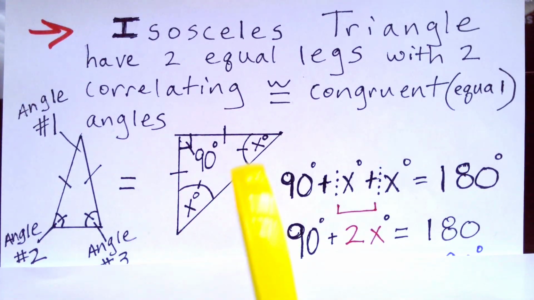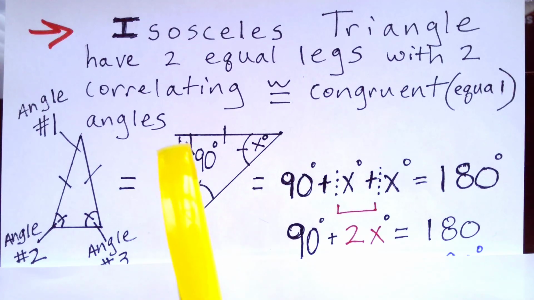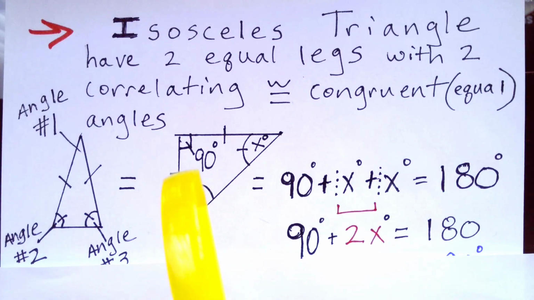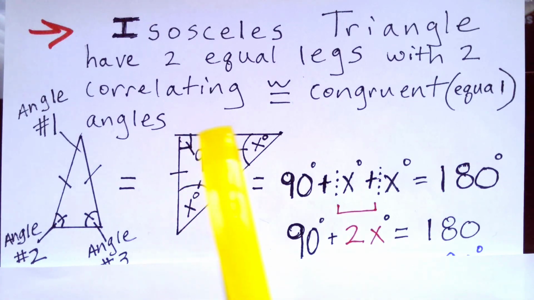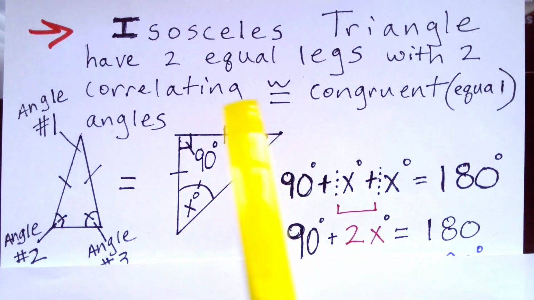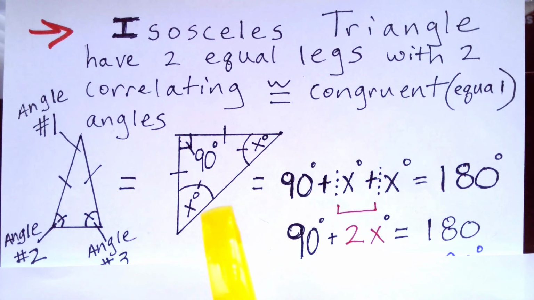This is a little bit closer to the problem where one of the angles is a right angle, a 90-degree angle. And so the sides that are equal to each other also have opposite angles that are equal to each other. Again, that's the definition of an isosceles triangle. Okay, so what does that mean?